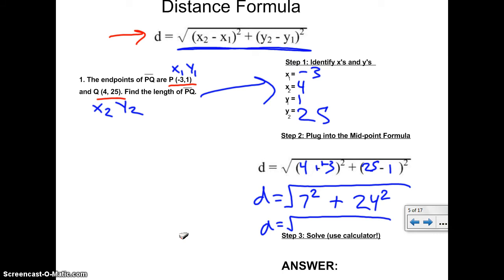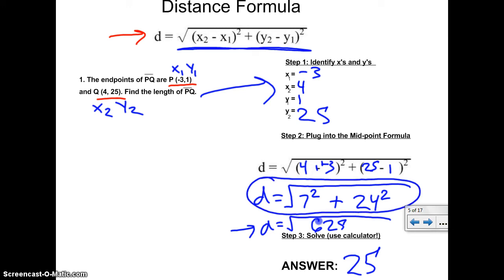So you type in square root of, and then you would do 7 squared plus 24 squared. Now, if you want to see the steps, you get right here to 625. But if you plug it all in, like I said, you'll end up getting the square root of this to be 25. So really, you don't have to do this step right here if you know how to plug it in from this point on.